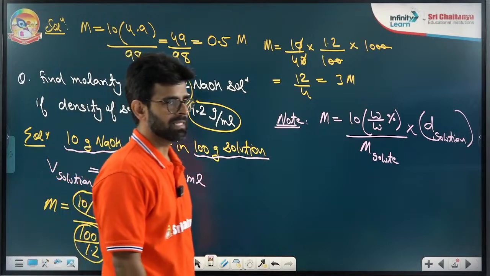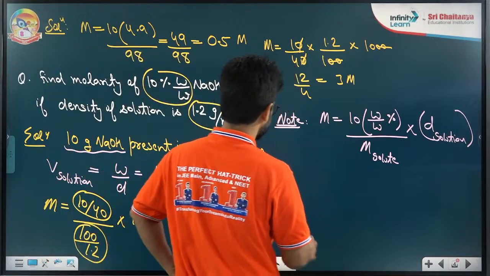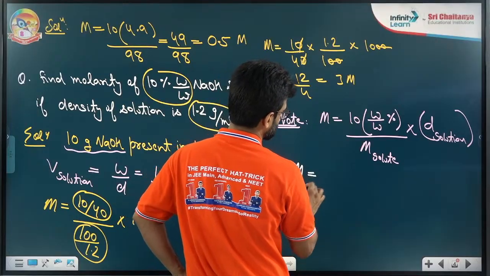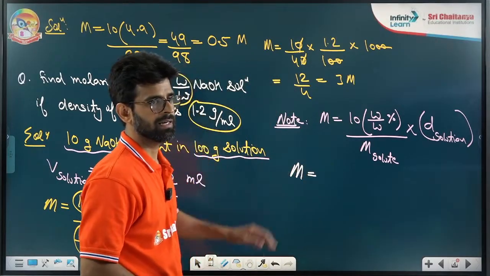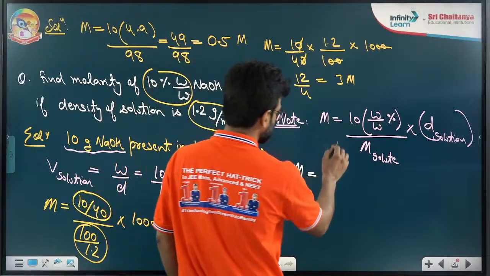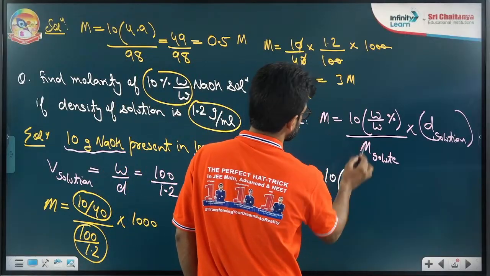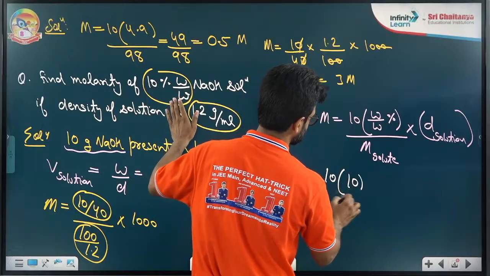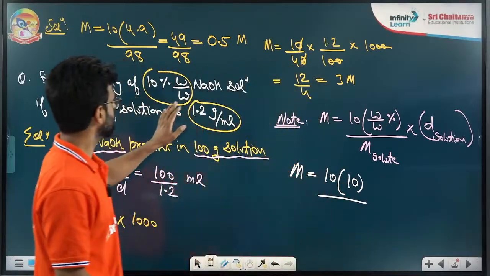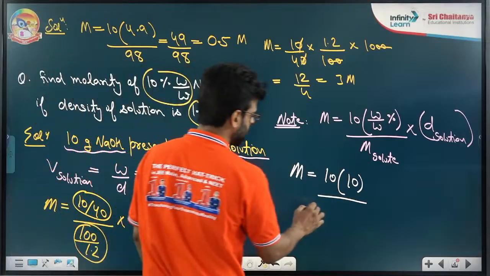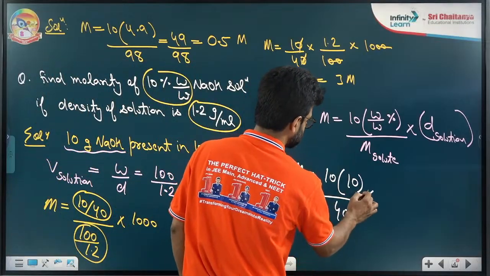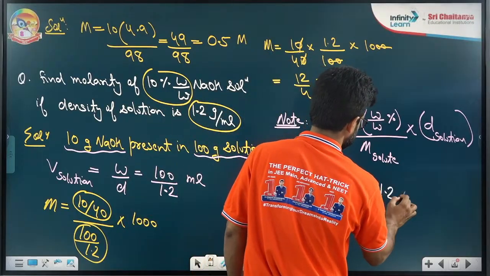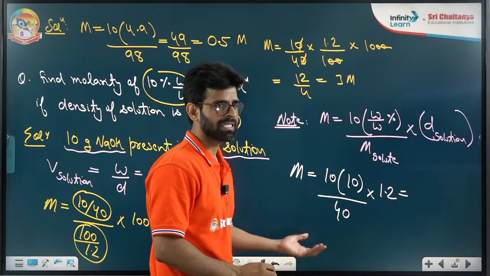Mandeep is saying 3, Shweta also saying 3, fine. Now let us see if we want to solve the same question using this formula. So 10 into weight by weight percentage, how much is given? 10. The molar mass of solute is how much? 40. And density given how much? 1.2. We can directly get the answer.